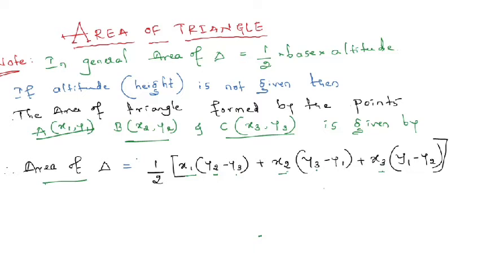After 3 comes 1 again: 1 next 2, 2 next 3, 3 next 1. So it is x1 (y2 minus y3) plus x2 (y3 minus y1) plus x3 (y1 minus y2). Now, we will move to the exercise.